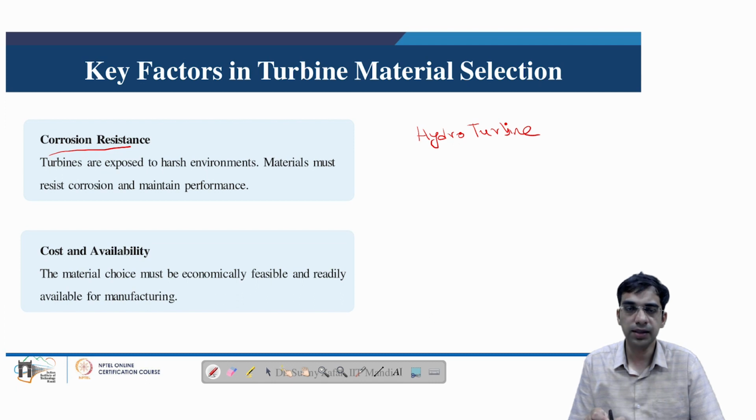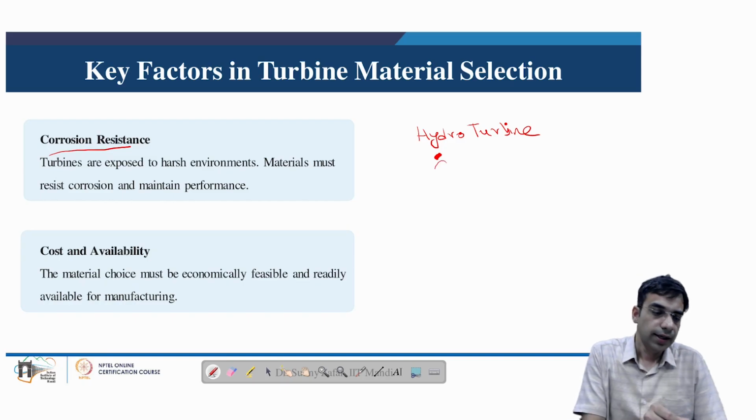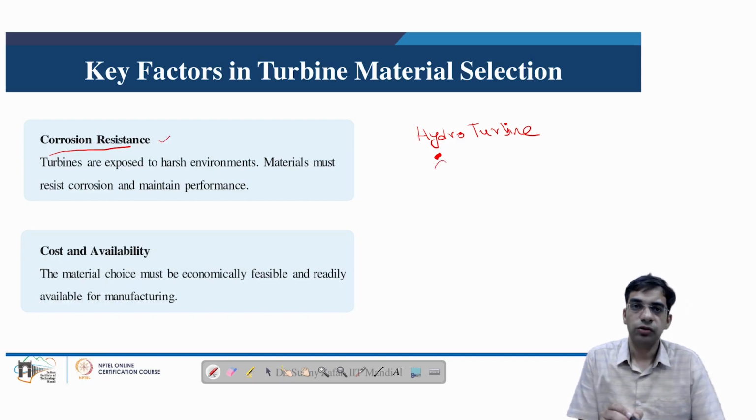The moving parts in the hydro turbine, like the runner, the guide vanes, the draft tube, etc. The blades are always immersed underwater. So the materials which go into making the hydro turbine should have corrosion resistance, meaning they should not be corroded easily, or they should in fact resist corrosion to a very large extent.